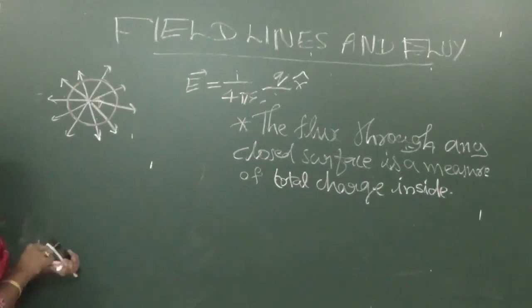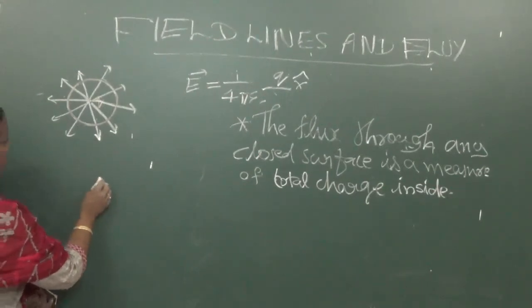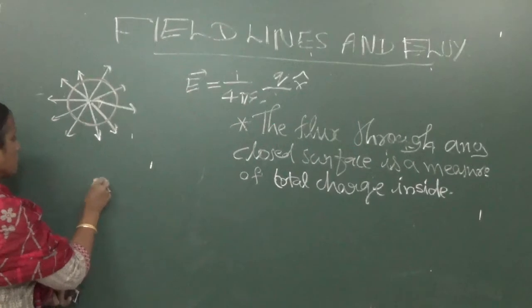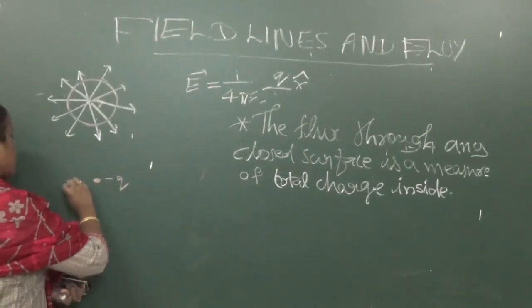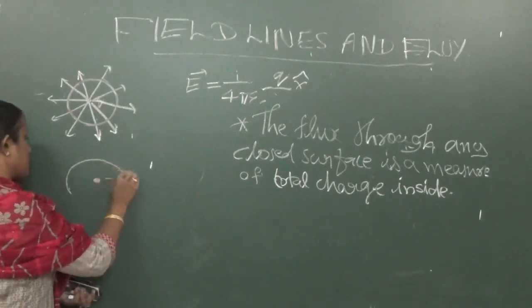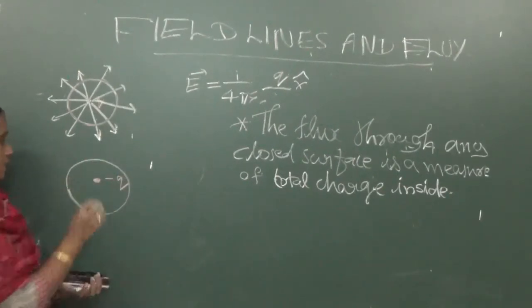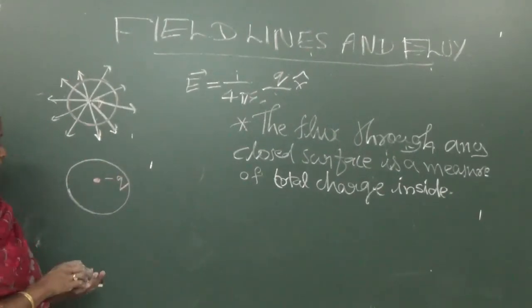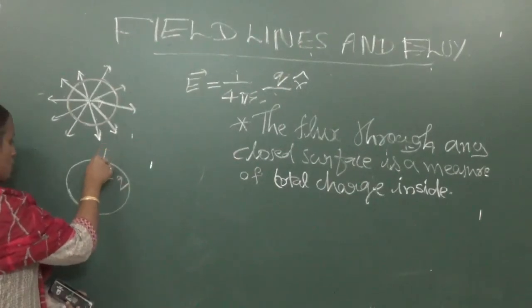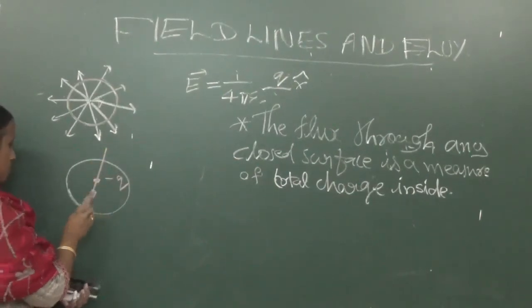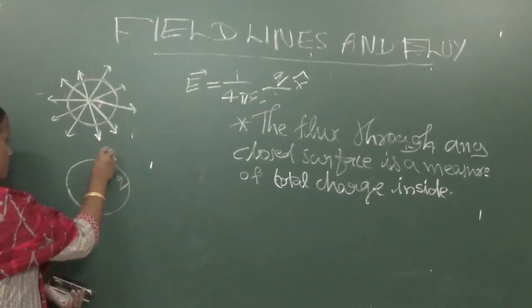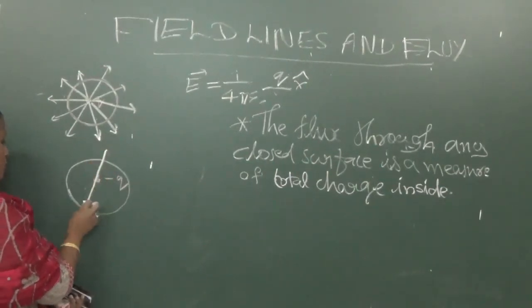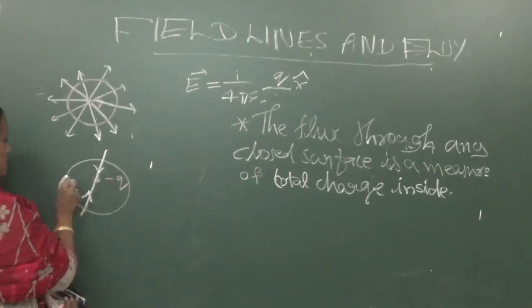There is a negative charge, minus Q. Then we can assume a surface again here, a spherical surface for simplicity, and the electric field lines move inward like this.